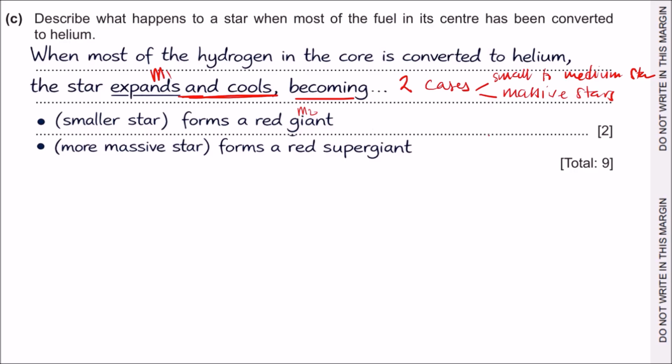You don't need both of them, since there are just 2 marks. So 1 mark comes from talking about its expansion and cooling. The second mark talks about its later stage, whether a red giant for small to medium stars or a red supergiant for massive stars. With this, we would have secured the 9 marks from question number 9.